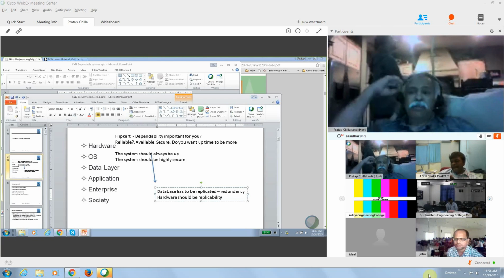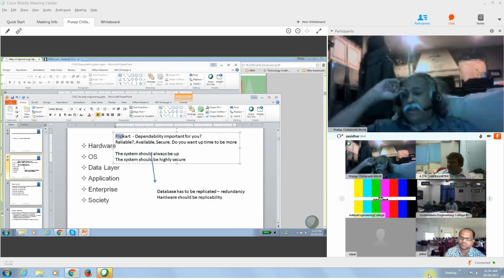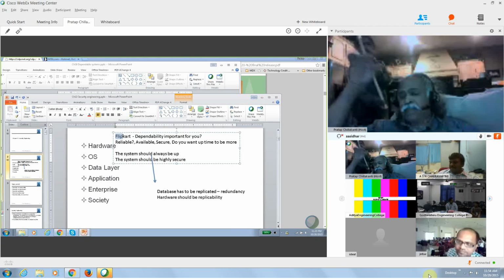How dependable should that be compared to Flipkart? I don't think I need a database replicated there, right? I don't think I need hardware replicated, correct? Yes, sir. Big changes, right?